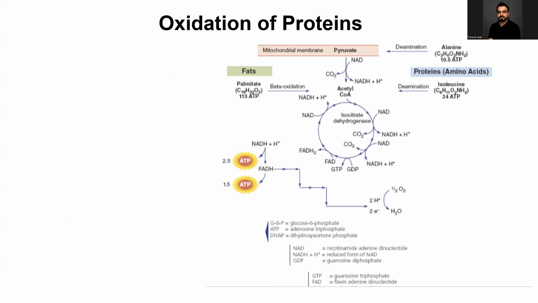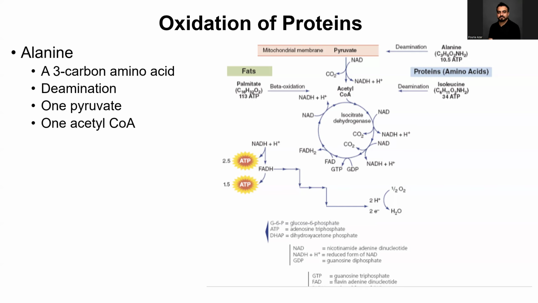So, this picture shows the breaking down of macronutrients. As you can see, we have fats and proteins. Alanine is one of the amino acids. Recall from your nutrition courses or biochemistry course, we have 20 different amino acids, and alanine is one of them.